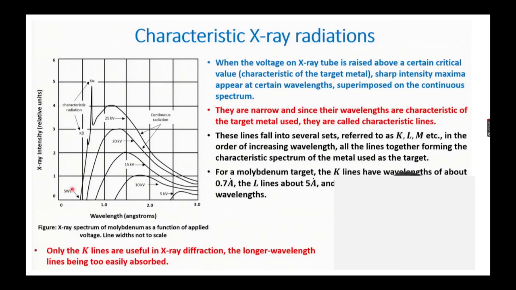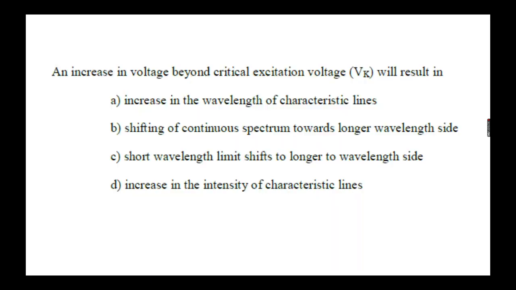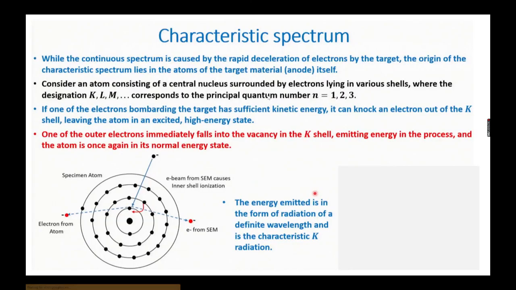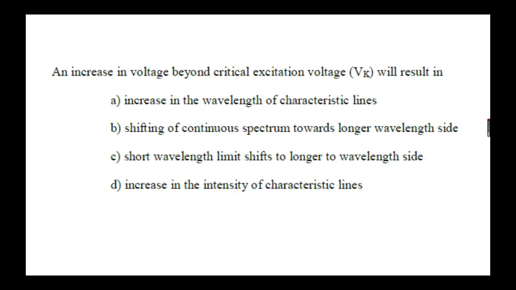So here it is very clear, I think. When we increase voltage beyond some value, which is called the critical excitation voltage, what will result? Is it an increase in the wavelength? No. Shifting of continuous spectrum towards longer wavelength? Here you can't see a shifting of the continuous spectrum toward the longer wavelength side.